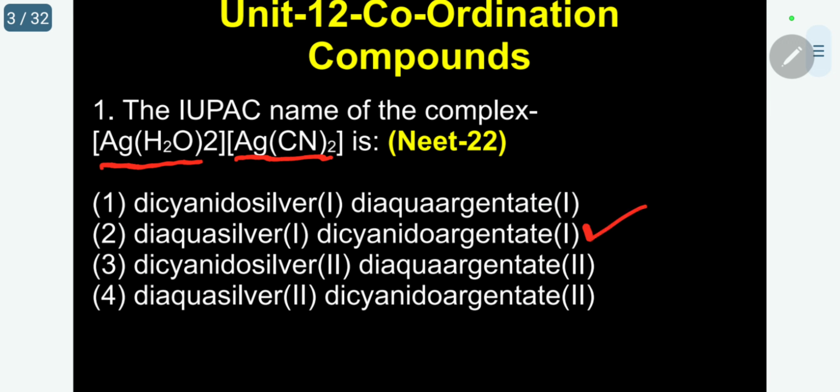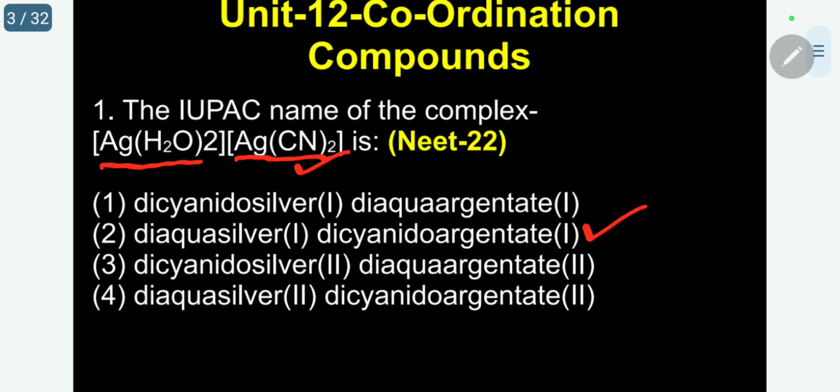Because diaquasilver(I): water is neutral, so Ag is plus 1, diaquasilver(I). In this case, dicyanidoargentate(I).